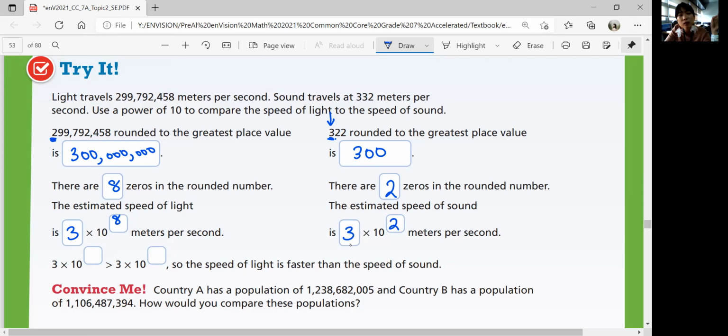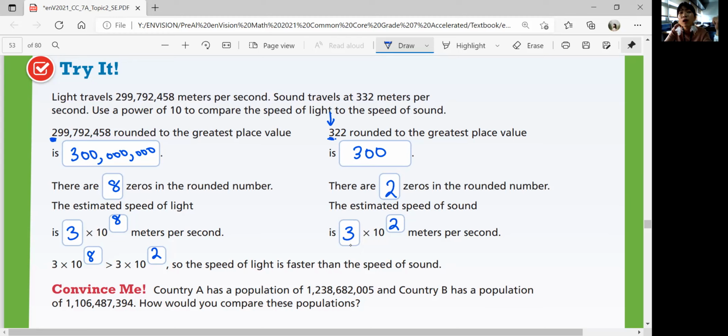And comparing these two, 3 times 10 to the 8th power is a lot greater than 3 times 10 to the 2nd power. So the speed of light is a lot faster than the speed of sound. How do you figure out how many times faster the speed of light is? You can divide them, right?